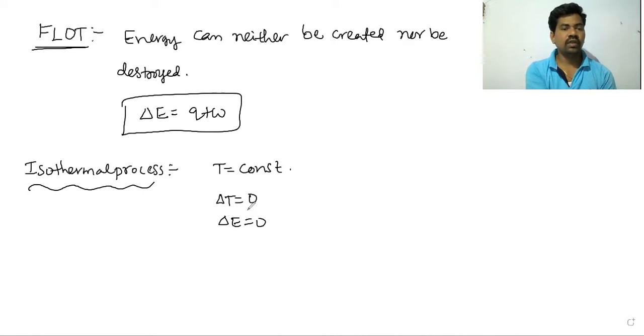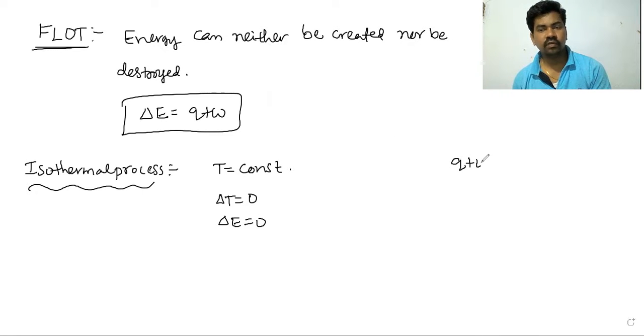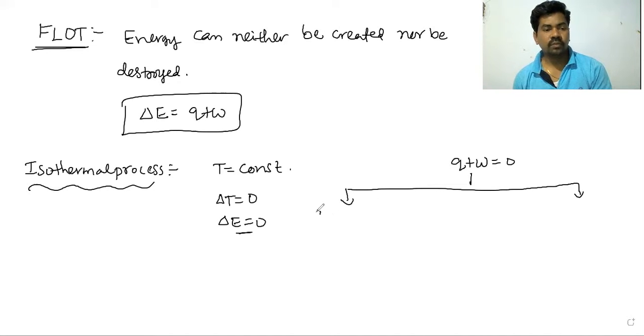Then what will happen? Q plus W is equal to 0. So if delta E is equal to 0, then Q plus W is equal to 0. Now we can write it two ways: Q is equal to minus W, or W is equal to minus Q.